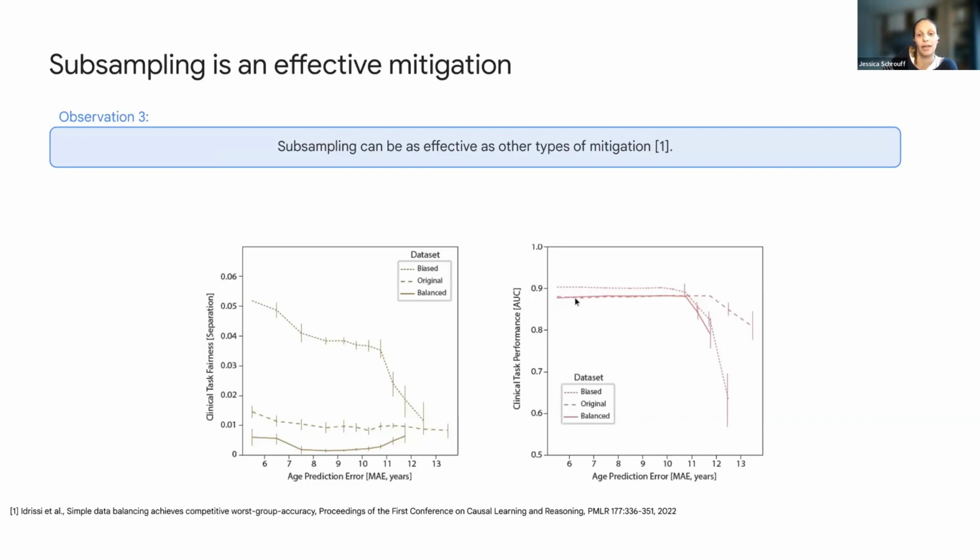Even if you have less data, your model is more fair, but also it performs at the same level. So this is definitely something that could be tried rather easily if you do have enough data to do that balancing. And in this case, you would want to balance on subgroups of the joint of the attribute and the label.